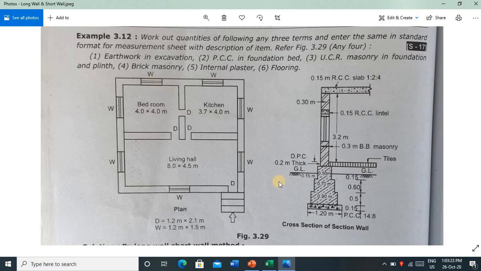So you need to deduct these doors and windows, because first we will calculate assuming that there are no doors and windows, and after calculating the entire quantity we will deduct the doors and windows and also lintels over doors and windows, because here we will not have any brickwork.